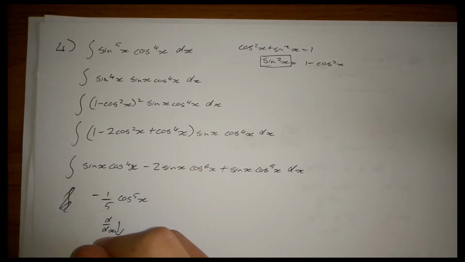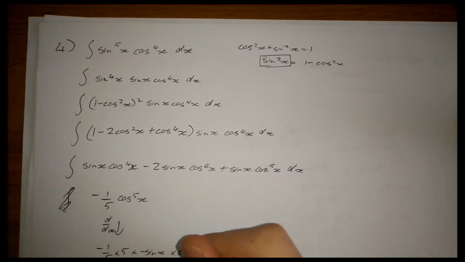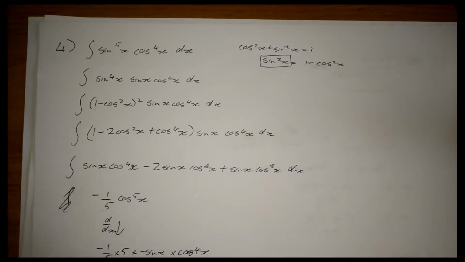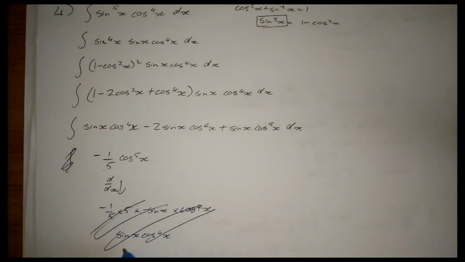So I go to negative 1 on 5 times negative sine x times that decreased by 1, so that would be cos to the power of 4x. So hopefully you can see that that simplifies down to sine x cos 4x at the end of it. Okay, so that's all good.